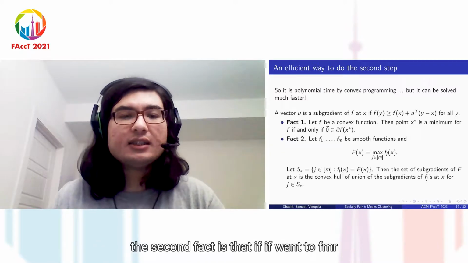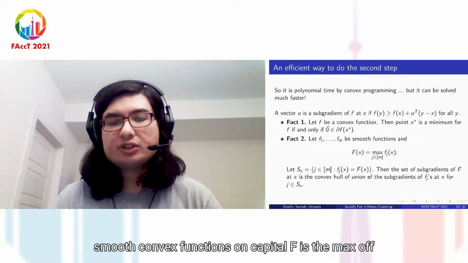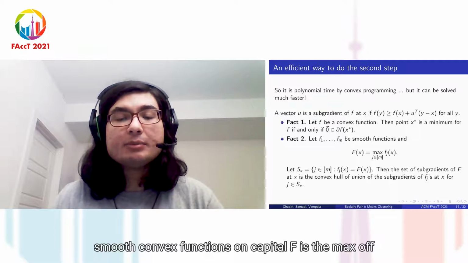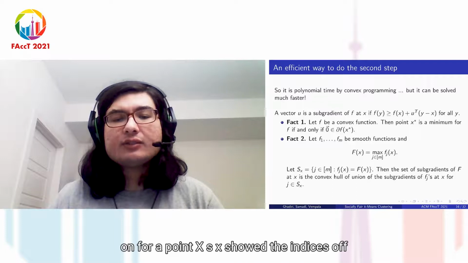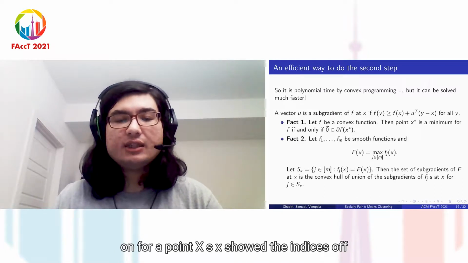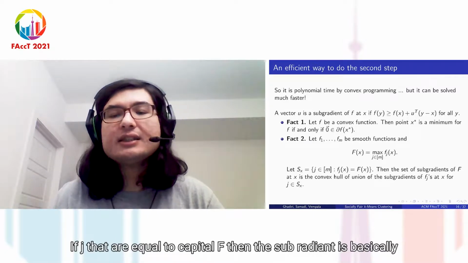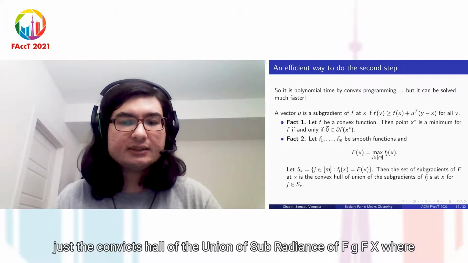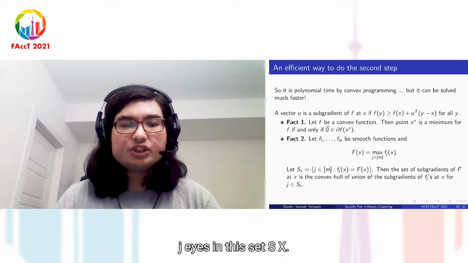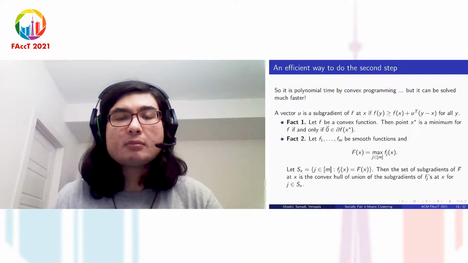The second fact is that if f1 to fm are smooth convex functions and capital F is the max of them, and for a point x, Sx shows the indices of the functions fj that are equal to capital F, then the subgradient is basically just the convex hull of the union of subgradients of fj at x, where j is in this set Sx.